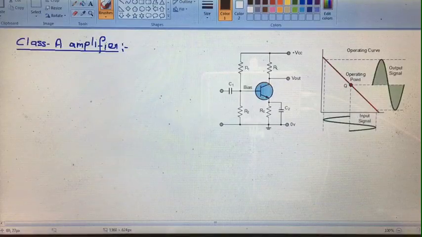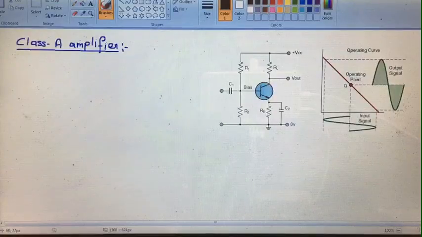Now we will start our discussion with the classes of the transistor amplifier. Before going to discuss class AB and class C amplifier, we will discuss the quiescent point of the transistor.